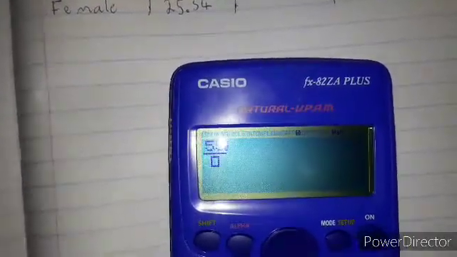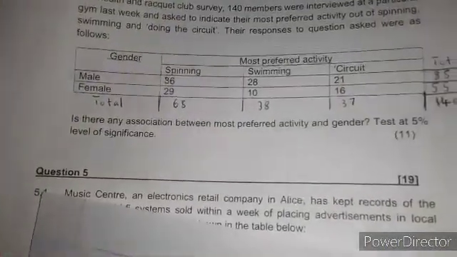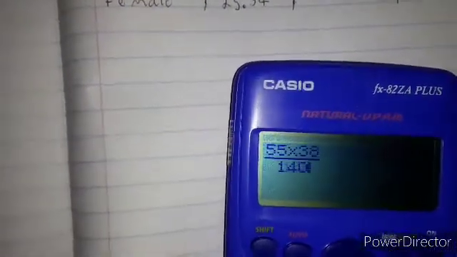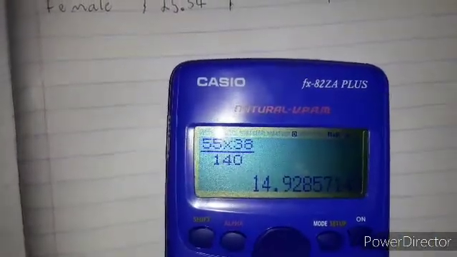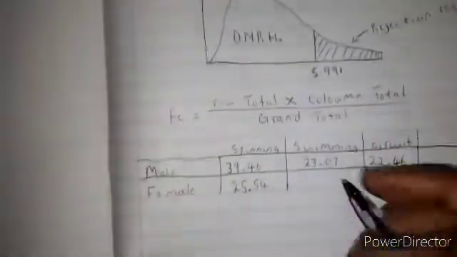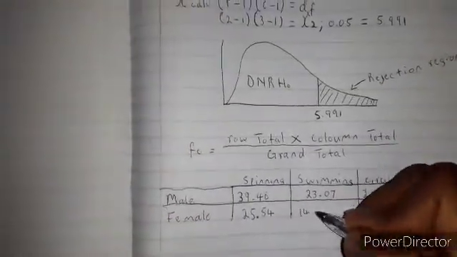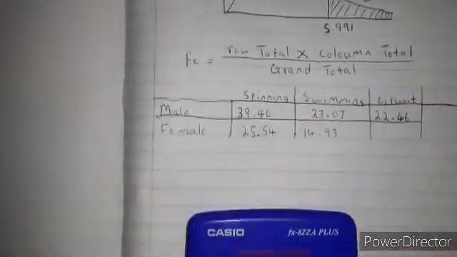So 55 multiplied by the column total of swimming, which is 38, divided by the grand total, which is 140, is equal to 14,93. We are rounding off: 14,93.